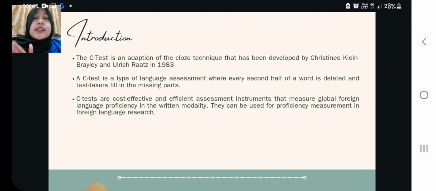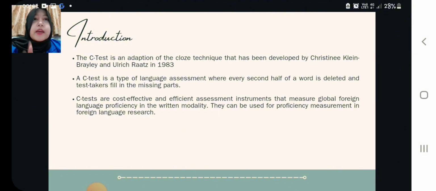C-tests are inexpensive to create and administer, unlike comprehensive language exams that may require multimedia, oral examiners, or complex software. C-tests typically involve only printed or digital text passages. This simplicity reduces both preparation and grading costs.